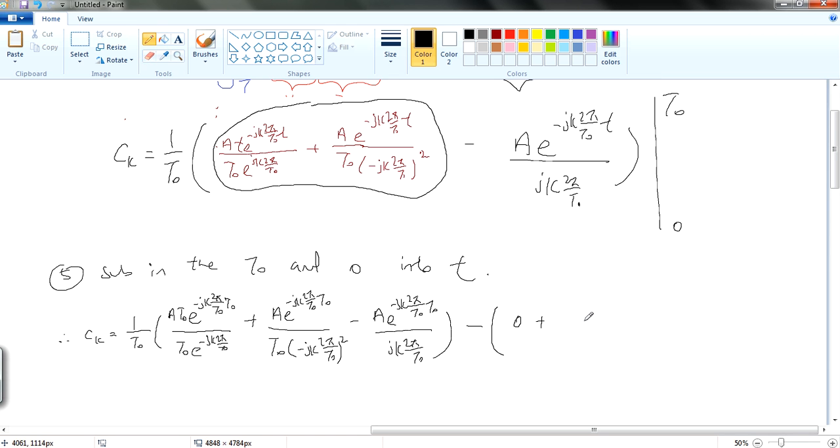You're the future looking at it. Anyway, I just sub in the 0 over here, which clears away the whole e. So we are left with a t naught minus jk 2 pi t naught square. And then minus, this is 0 also, so we have a also, jk 2 pi t naught.